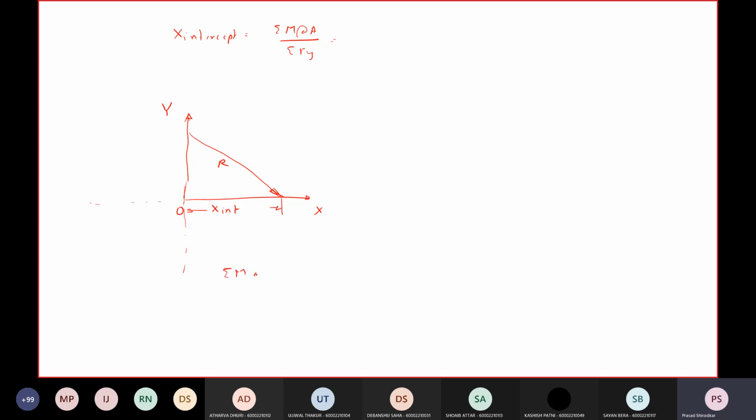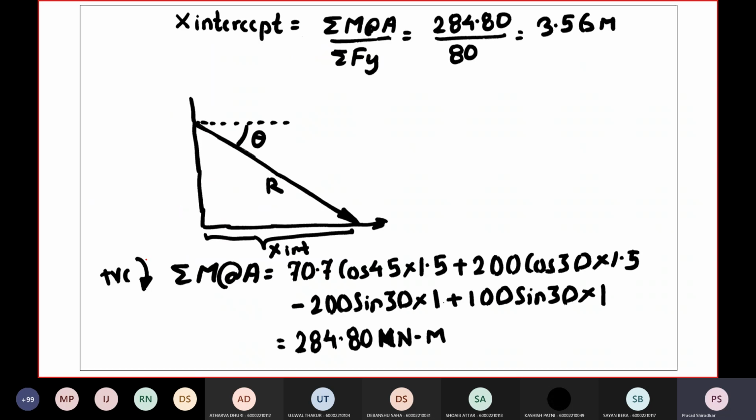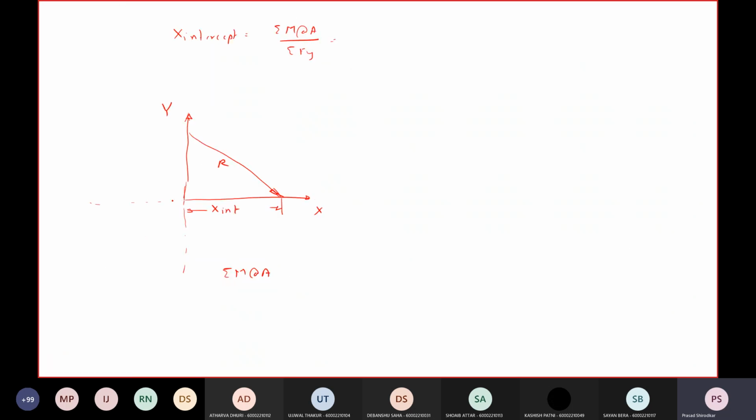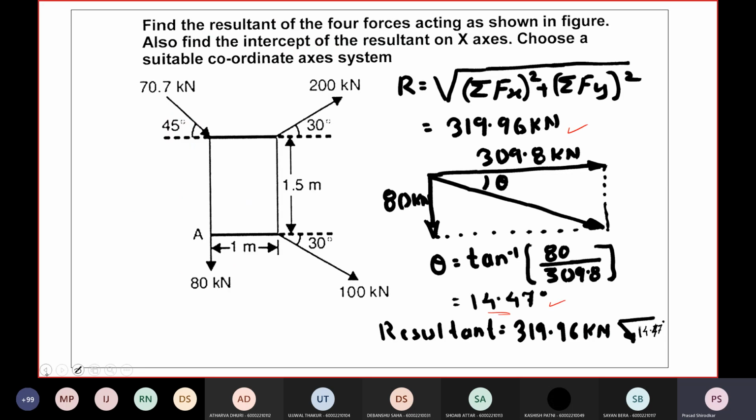So summation M about A. Just write it over here. So summation M about A is 70. Sir, x intercept is 309.81. No, 309, that is such a huge number.